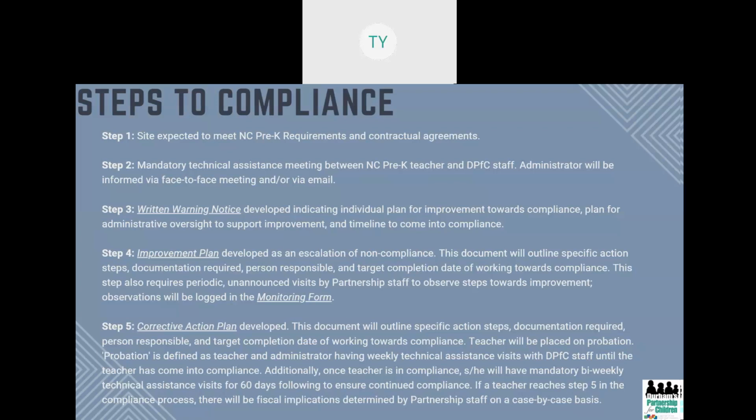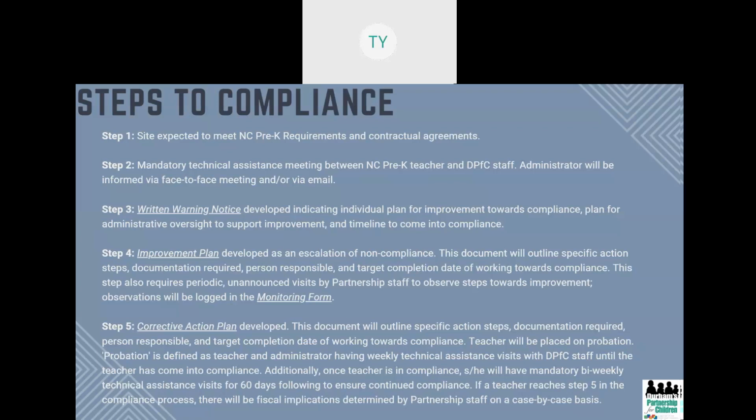The last step, step 5, is where if you have filled out the improvement plan and you have been monitored and you have not completed any of the action steps, the target completion date has come and gone, and you have not yet met those requirements, this is where it will be escalated to the final step, which is the corrective action plan. So again, it's structured similarly to the improvement plan.